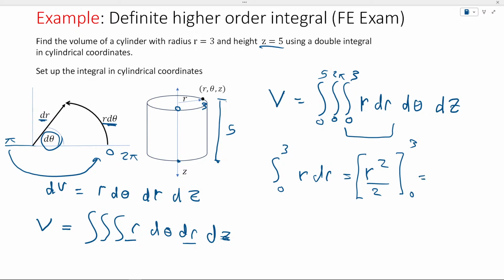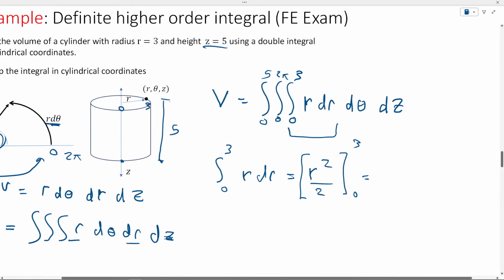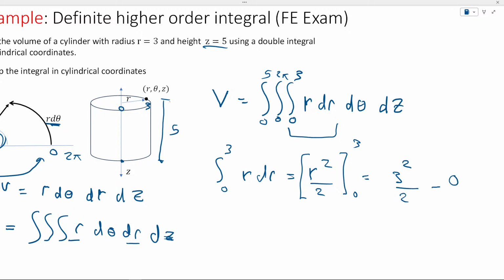To do this without mistake, you put 3 squared over 2 minus 0 squared over 2. I'm just doing it systematically, but since that is 0, you can just ignore this guy. So that will give you 9 over 2.